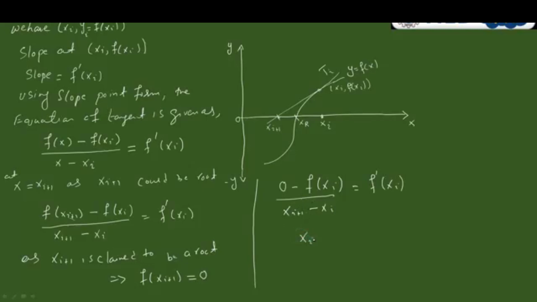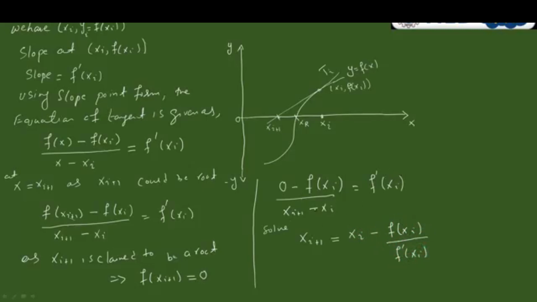If I solve for xi plus 1, I'm doing it directly, but you can try to solve it. When you solve it, you will get the following formula, which you are all aware of very well. I get xi plus 1 equals xi minus f of xi divided by f dash of xi. F dash is only dividing in the denominator.